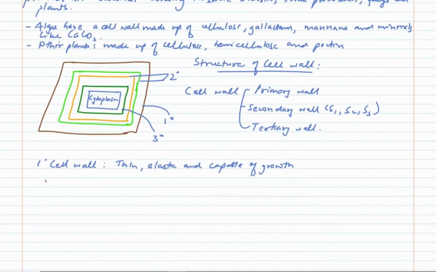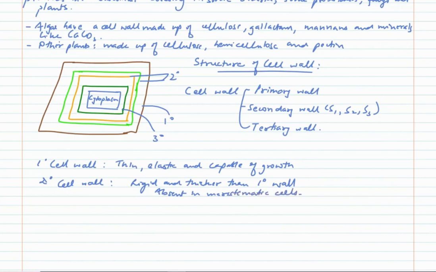Secondary cell wall, the S1, S2, and S3, these are rigid and thicker than primary wall. They are absent in meristematic cells and they lie towards the plasma membrane.